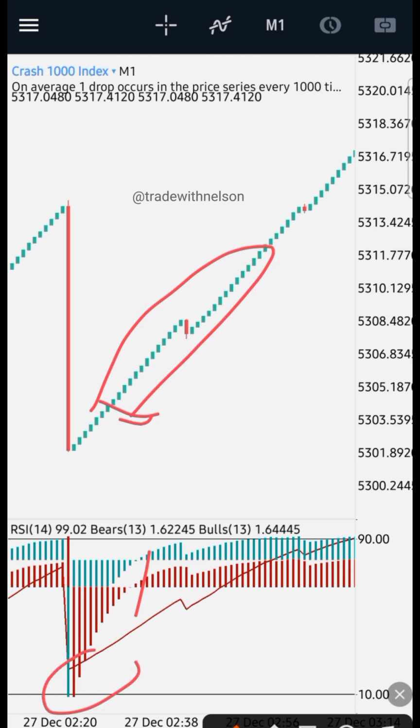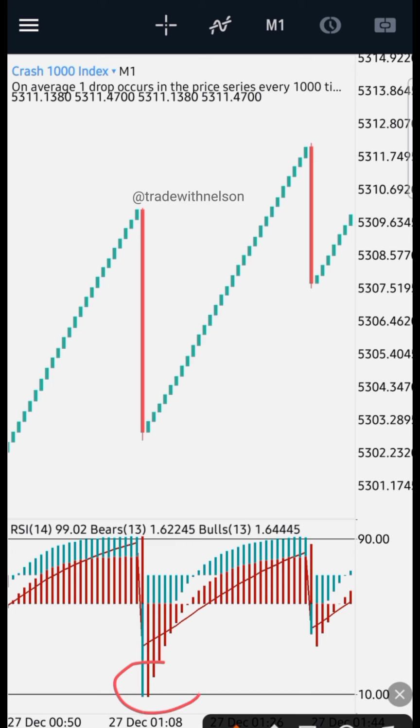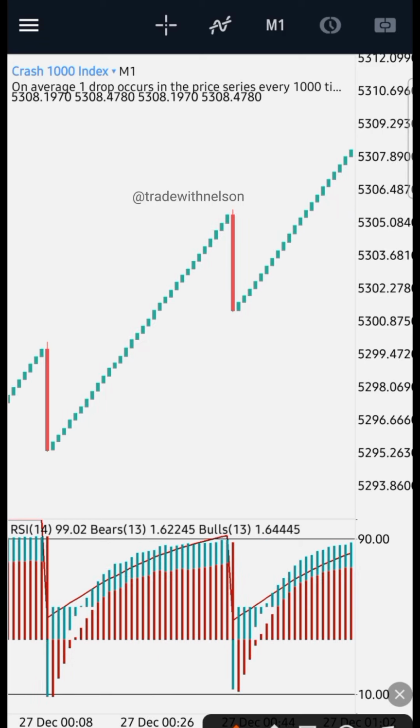This is the risk entry at this point, 10 candles, and low risk entry at this point, 10 candles also, or 5 candles, depending on how long you can hold it. Risk entry, low risk entry, 10 candles. This another one over here, risk entry, low risk entry.